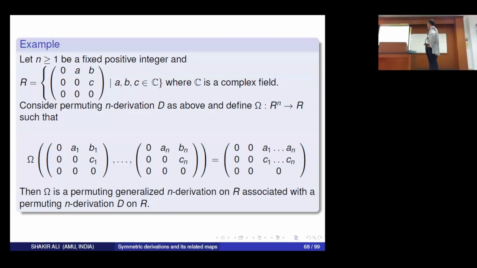Look here, this is component-wise, because we have Rn, so we multiply. Then we have a1 to an, and then this is c1. The sigma is a permuting generalized n-derivation on R as written, with an n-derivation which is additive, just like the first example. And then combine all these issues.